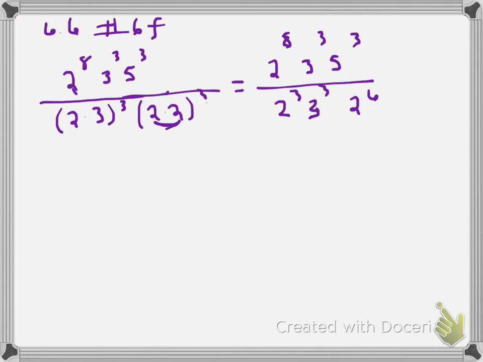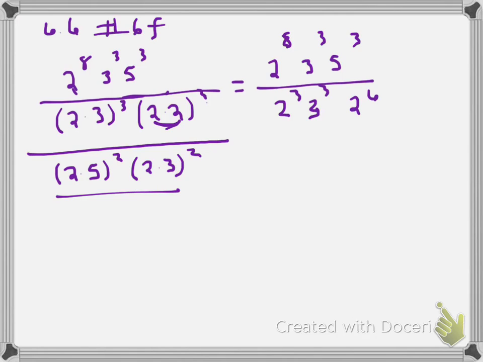Now in the denominator, below the big fraction line, I have 10 squared, so that's 2 times 5 squared, and 6 is still 2 times 3 squared, and I want to divide that by 15, which is 3 times 5, times 3 squared, 2 squared. Okay, let's simplify that now.